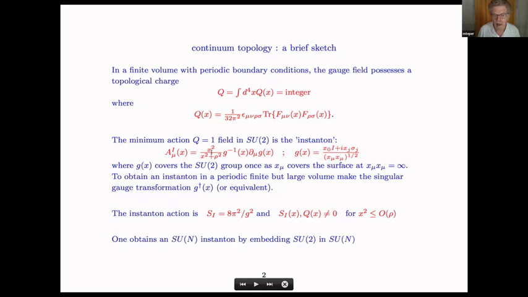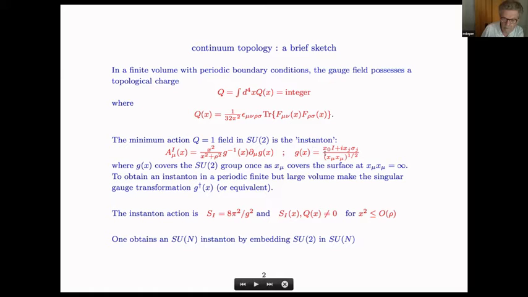As you can see, apart from this factor, it's pure gauge. So this factor is only important when x squared is on the order of rho squared, and it becomes 1 at large distances. So the field becomes pure gauge at large distances, and it's not pure gauge within a sort of four-dimensional hypersphere of radius rho, the core of the instanton.